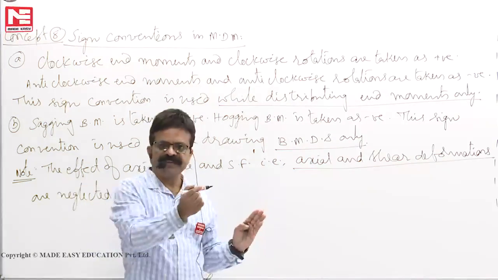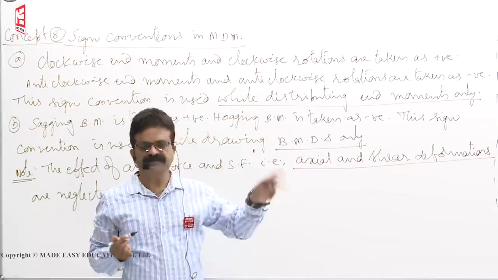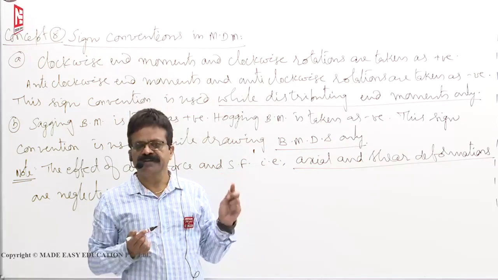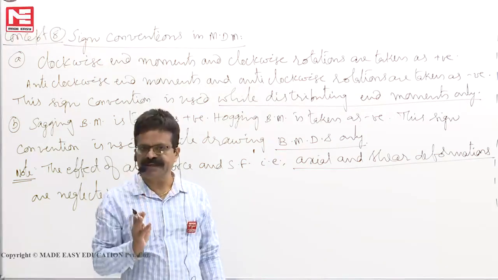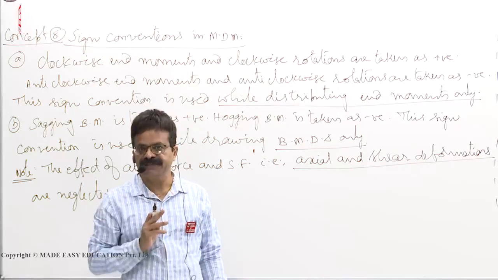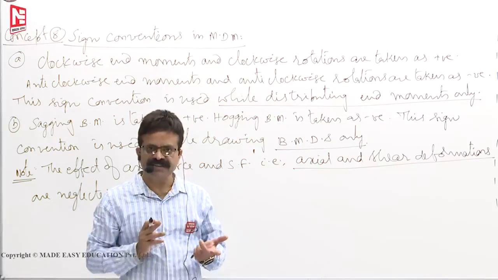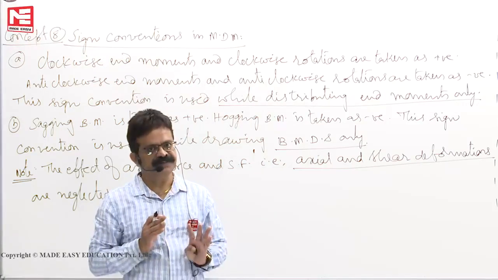There, if at all shear is acting, since there is no solid cross section, shear deformation will come. So in steel structures, in the design of lacing, battens and Vierendeel trusses, you have to consider the shear deformation. In concrete structures, deep beams, you have to consider the effect of shear deformation.